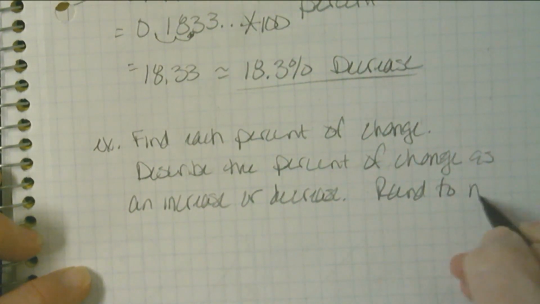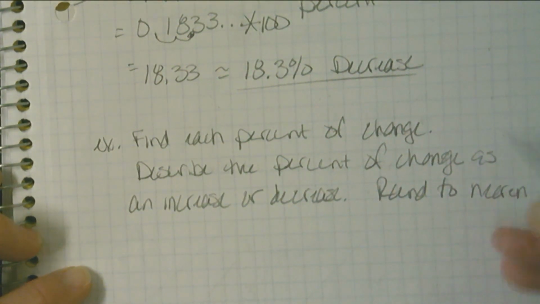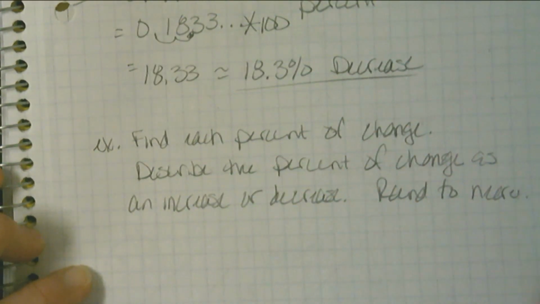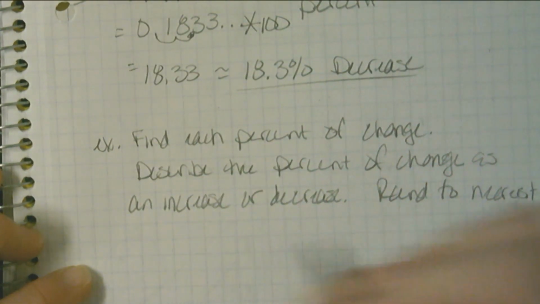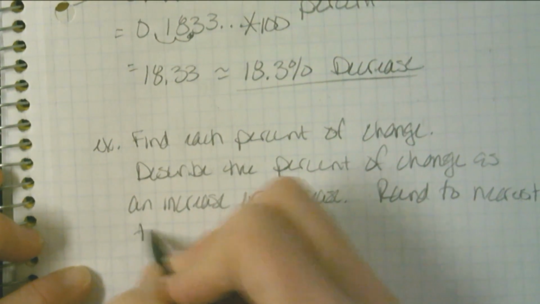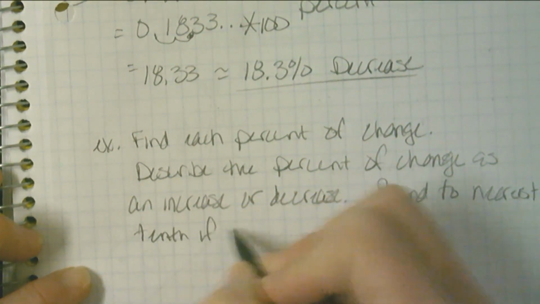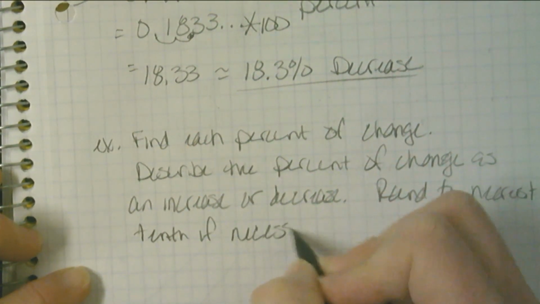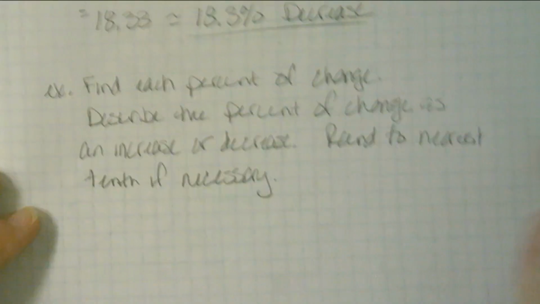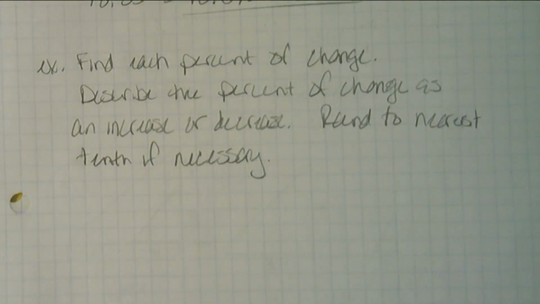Round to the nearest tenth if necessary. And that means tenth of a percent. Colin, you're writing this down.